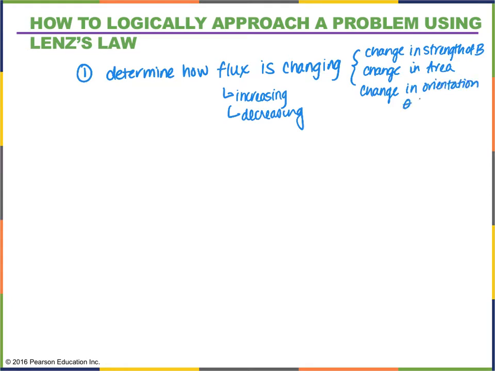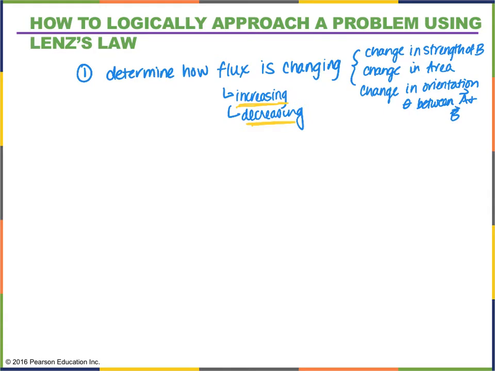That's the angle between the area and the magnetic field. All these are possibilities, and just honing our skills by identifying these is going to be helpful. But the most important thing for you to figure out is, is the flux increasing or decreasing?